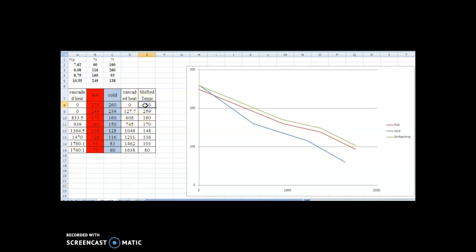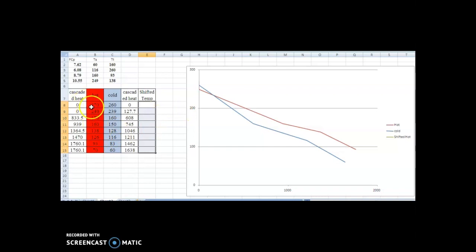Now we can see that these two graphs are plotted as T versus delta H, right? So this is the hot side temperature and the respective heat flow.